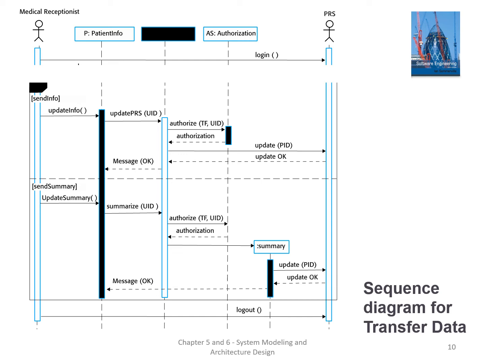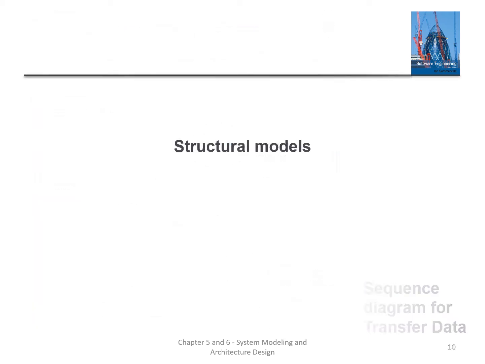In this case, this is a sequence diagram for transfer data. Just now you saw view patient info, right? This is another use case, which is to transfer data, and the detail of what happens in the transfer data is captured here.